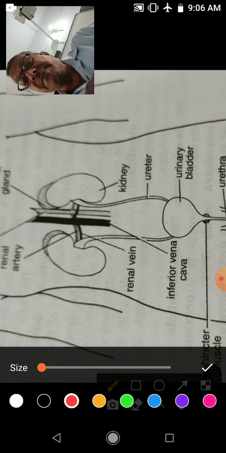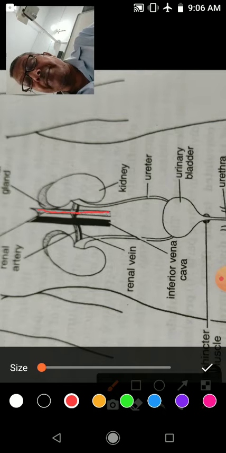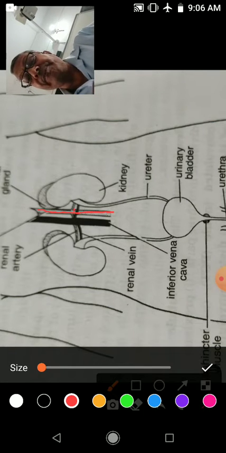This blood vessel is called the abdominal aorta. A branch of the abdominal aorta is the renal artery. So there is a left renal artery that supplies oxygenated blood to the left kidney, and there is a right renal artery. It supplies oxygenated blood to the right kidney.